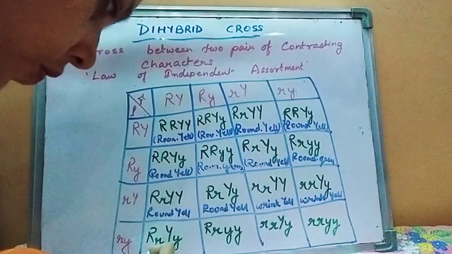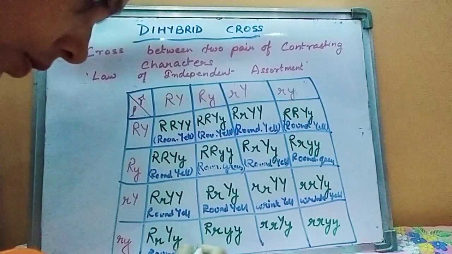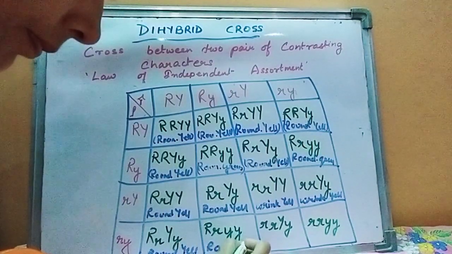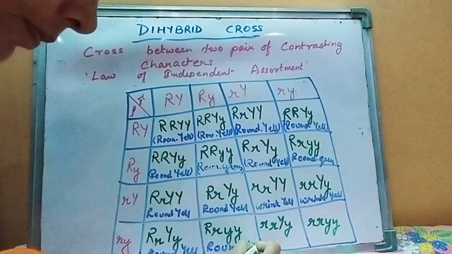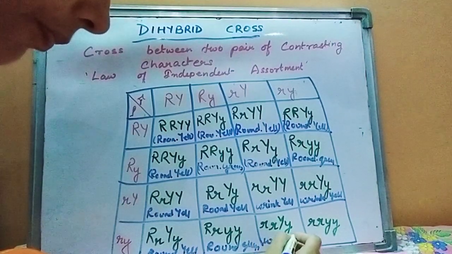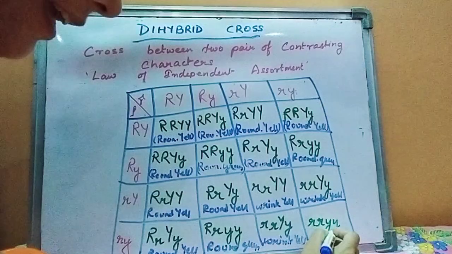Downward also round yellow. This is round green. This is wrinkled yellow. This is wrinkled green.